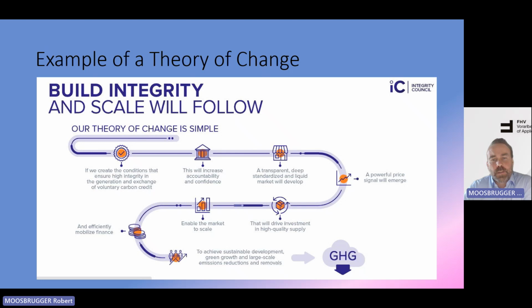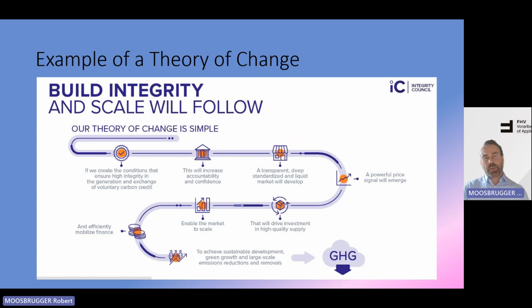And this will then lead to a drive in investment and supply for carbon credits, and enable the market to grow. And this growing market will efficiently mobilize finance for projects and initiatives to reduce greenhouse gas emissions. So this is their theory of change.